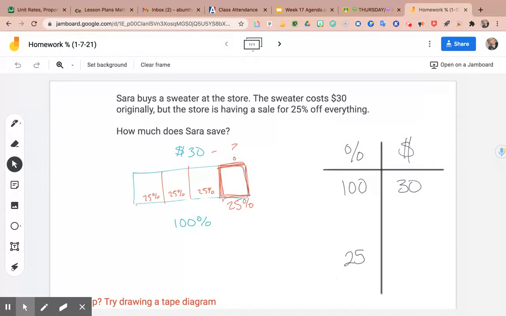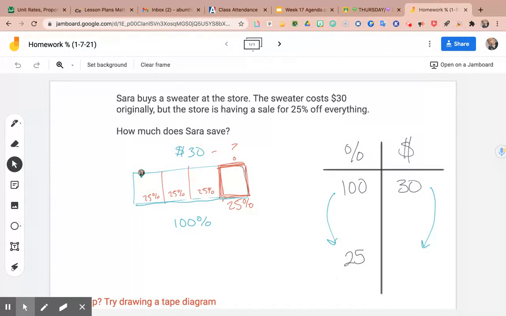So my 30 has to be evenly distributed between these 4 boxes. So I'm going to let you kind of figure that out. So this is where I'm going to stop the video. 30 has to be distributed into these 4 boxes. So whatever you get as an answer for one box, I should be able to add that 4 times and get 30.